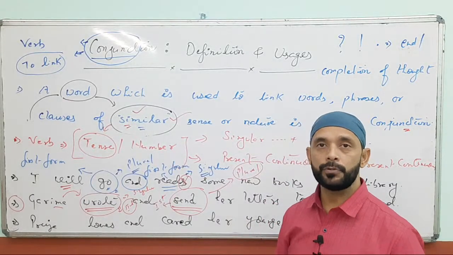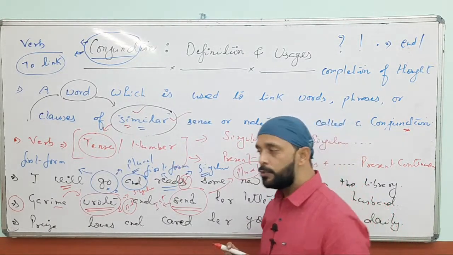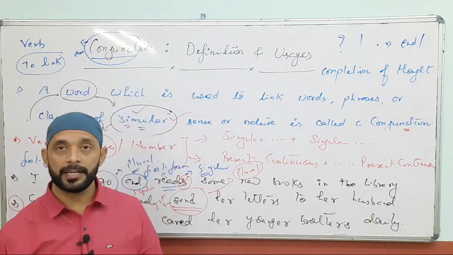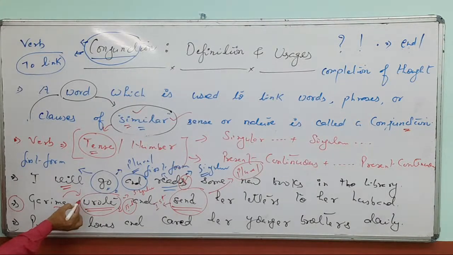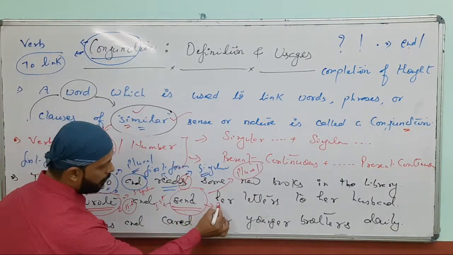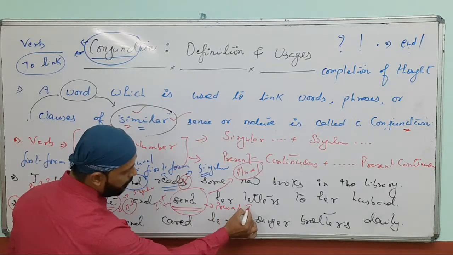The forms are also different. And based on their forms, you can guess the tenses are also different. I told you that tense should be similar. Tenses are also different. Wrote is showing past indefinite and send is showing present indefinite.